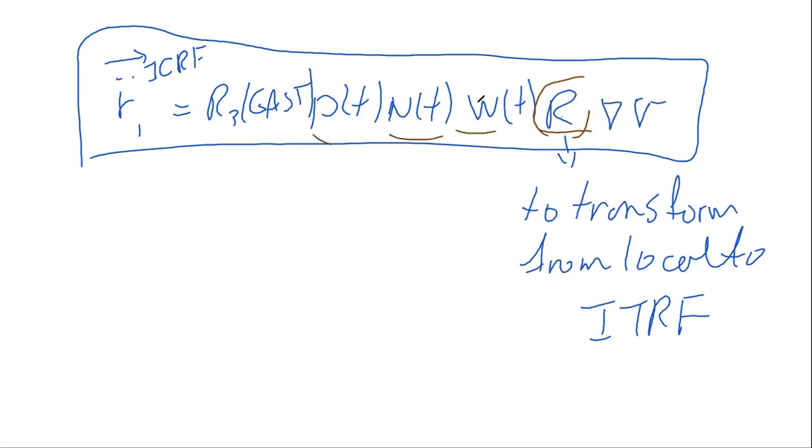These three changes, these four changes, change this terrestrial frame coordinates or acceleration to the acceleration in the celestial frame, the place that the satellite is moving there. So that's the principle for this transformation.